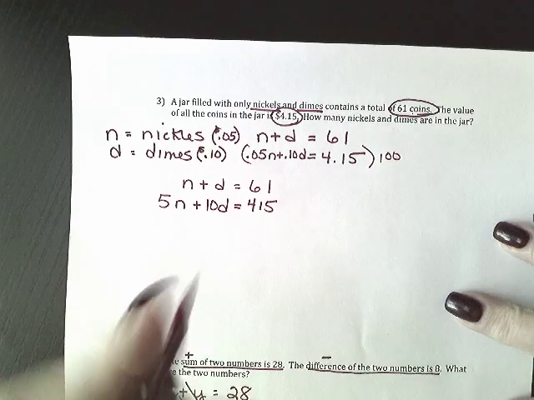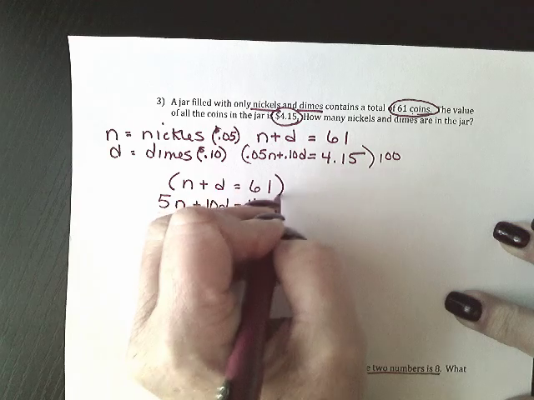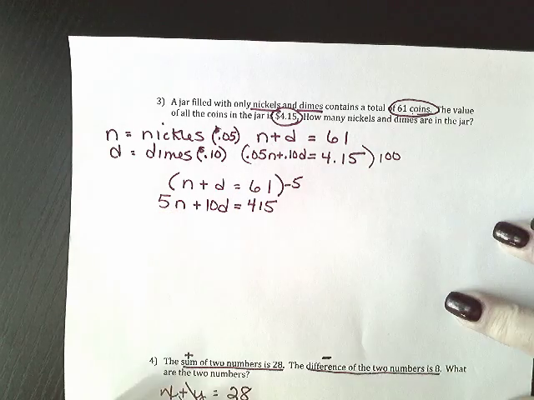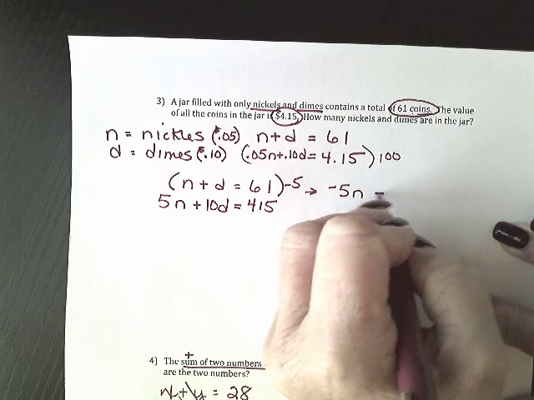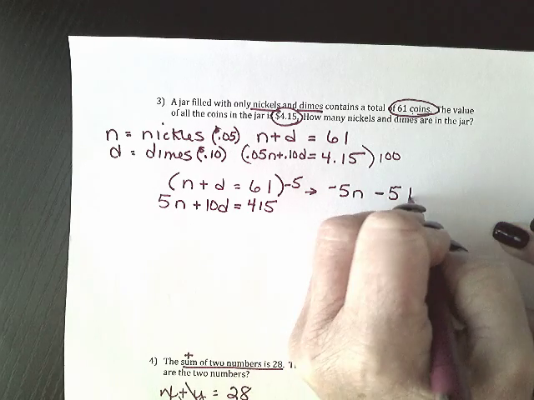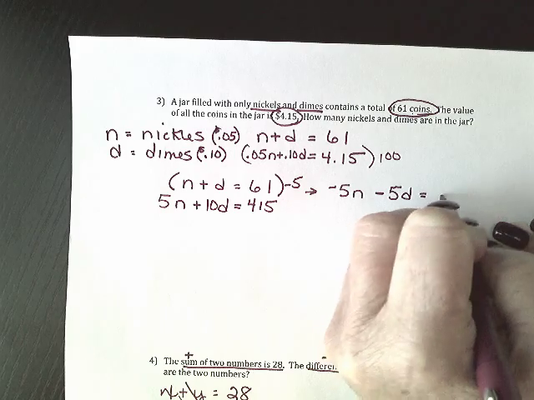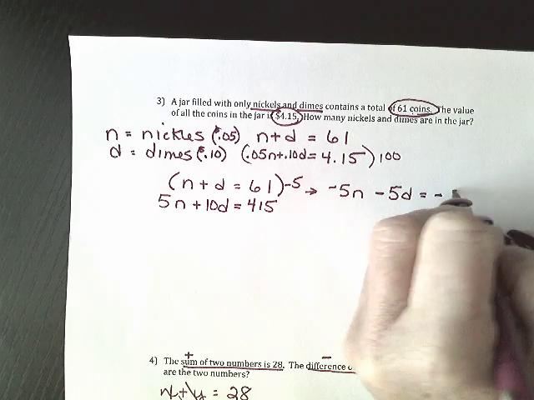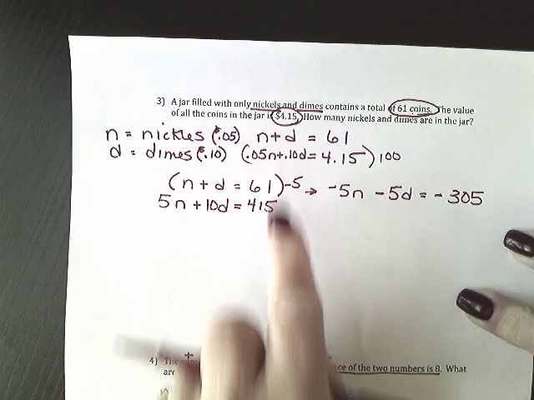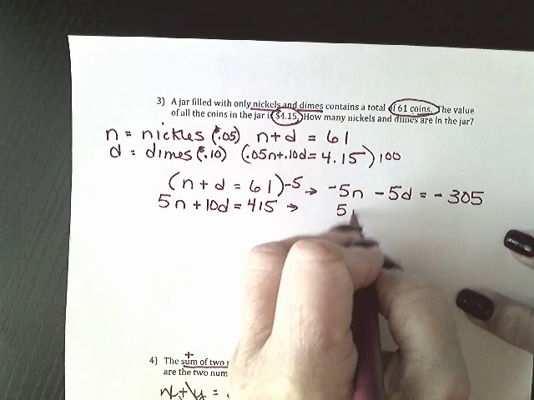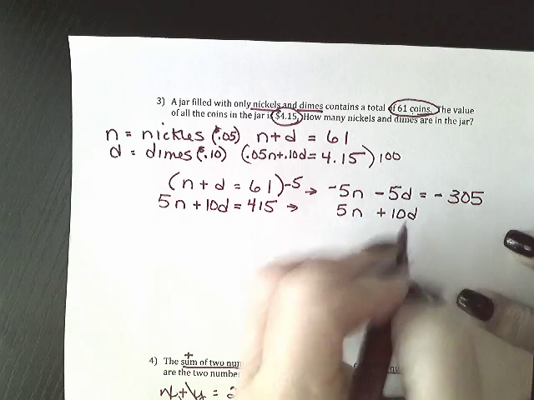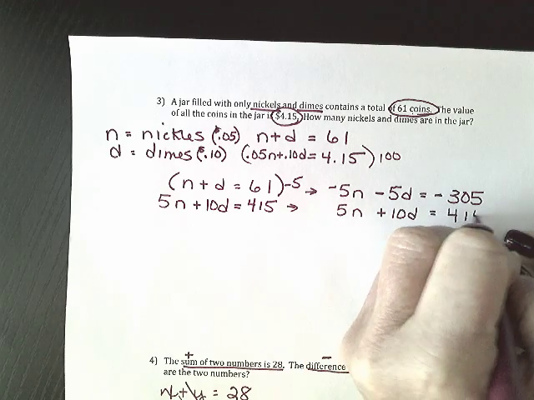So I think I want to eliminate my nickels. So I'm going to multiply this by -5. So -5n minus 5d is equal to -305. -5 times 61. Bring my other equation over. 5n plus 10d equals 415.